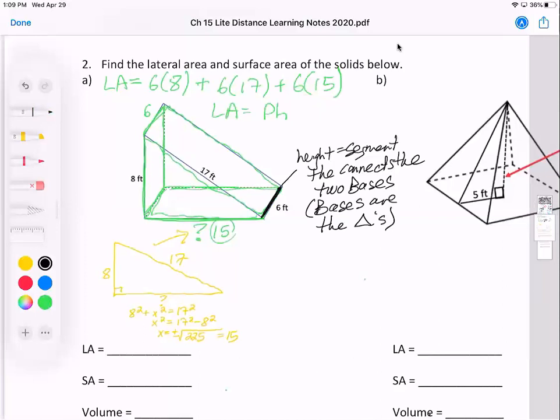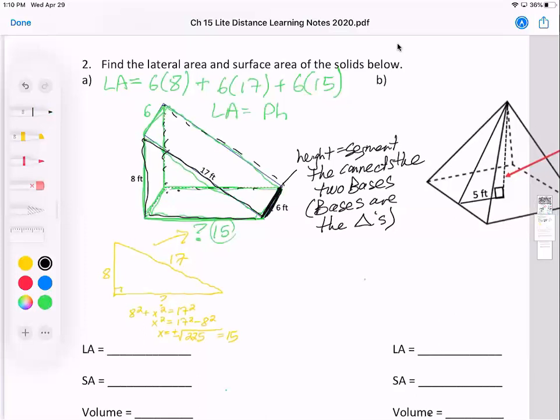Remember from an earlier video, we talked about that the bases in a prism are the non-rectangles. So here the bases are the triangles. So you have a base out in front. This one is one of the bases, and then the one in the back, that one is the other base, and then this length, 6, is the height of the prism.